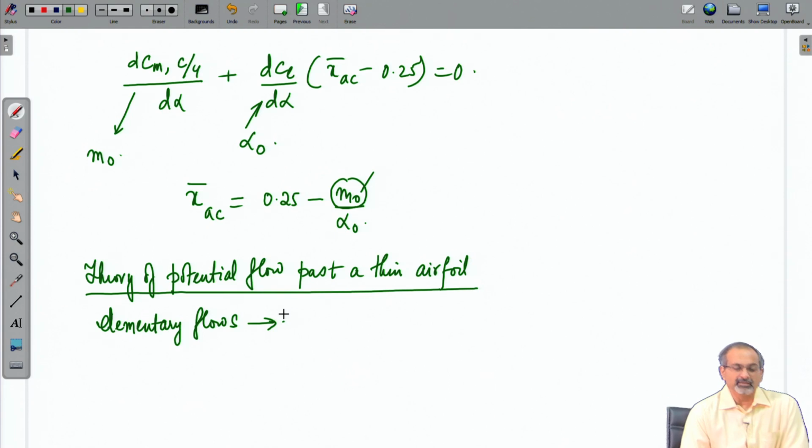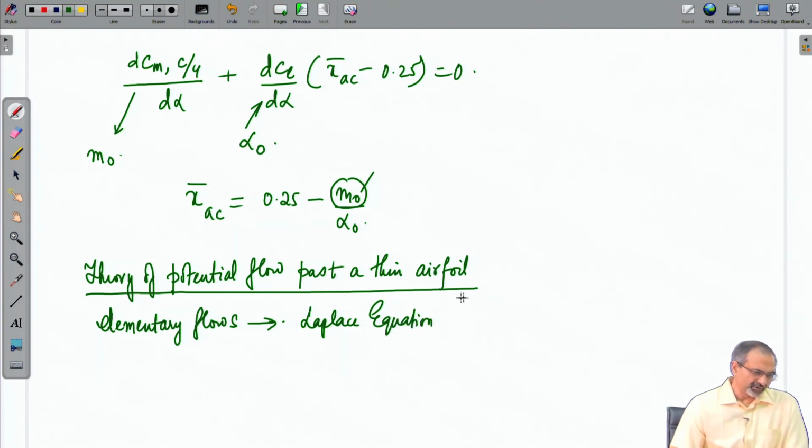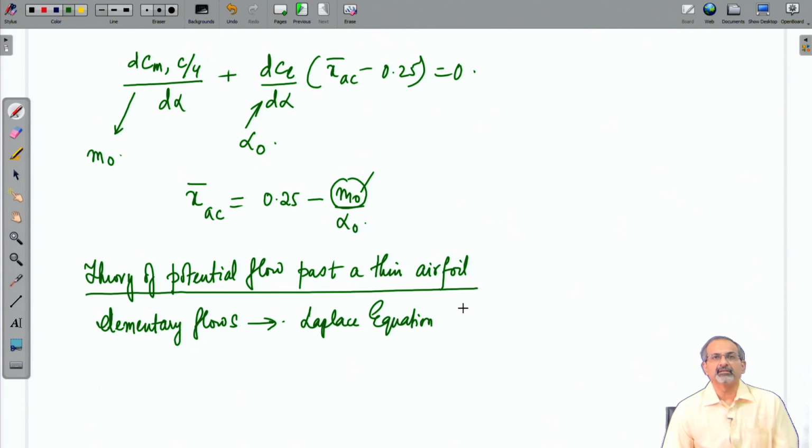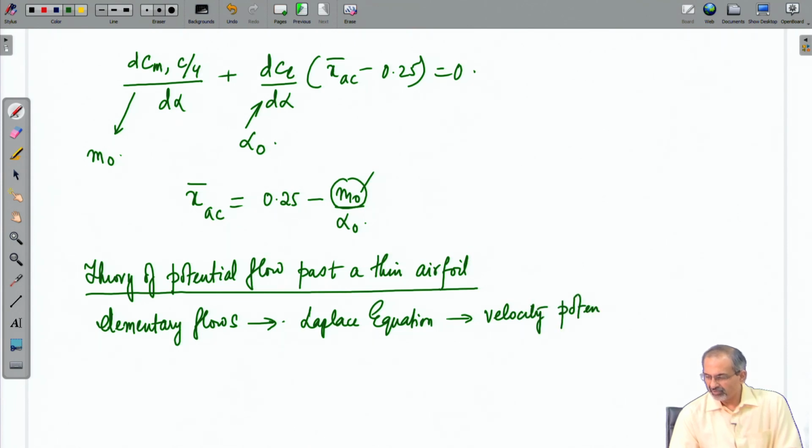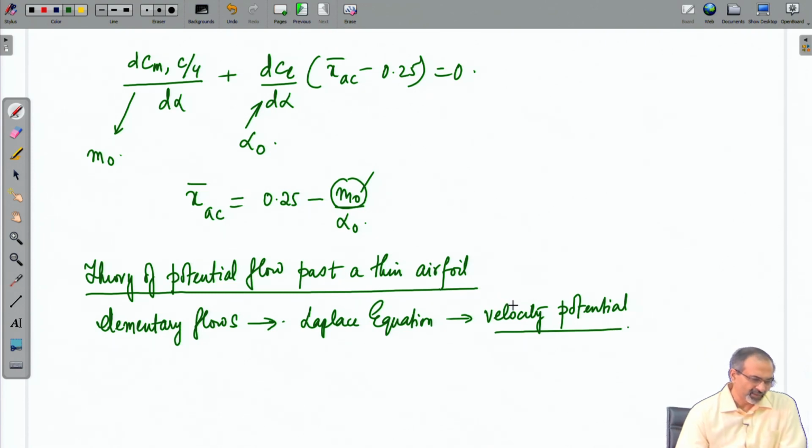For that, you recall that we had learned about the Laplace equation. That was the equation governing incompressible irrotational flow, and because of the irrotationality there was a presence of a velocity potential, and we had discussed developing a velocity potential for one elementary flow, that was uniform flow.